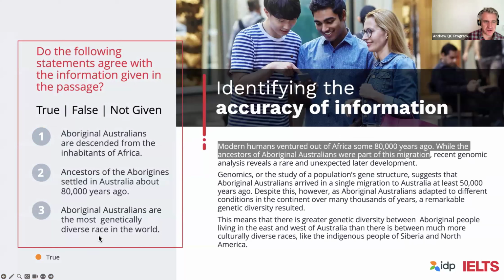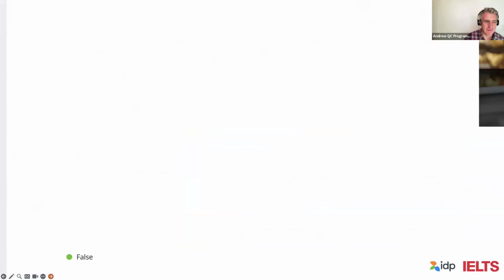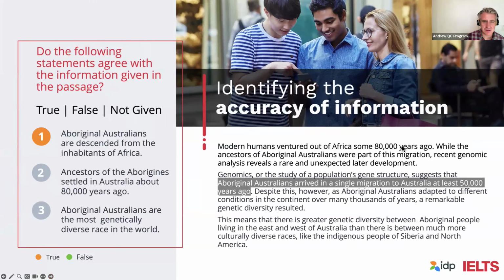Ancestors of the Aborigines settled in Australia about 80,000 years ago. Is that true? Number 2. False or not given? Anybody? That one is false because it says 50,000 years ago. That's right.